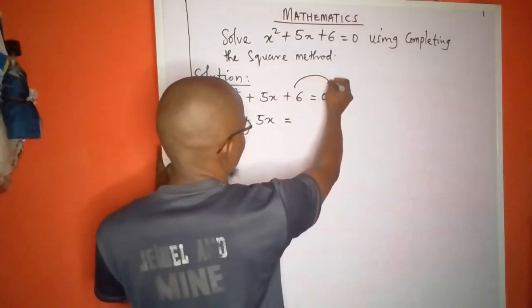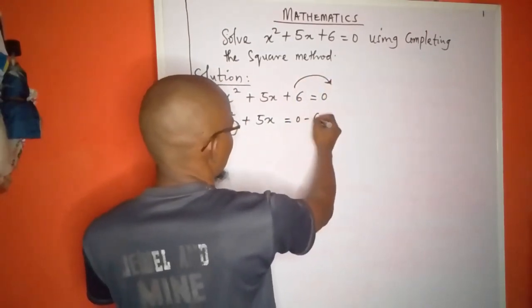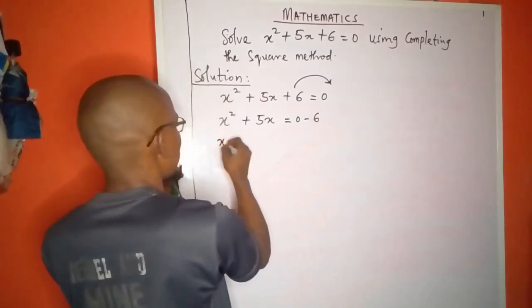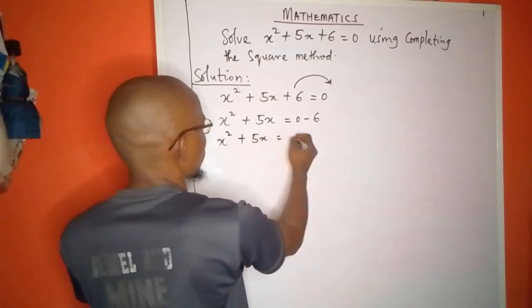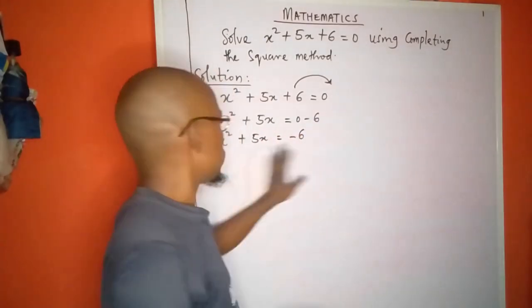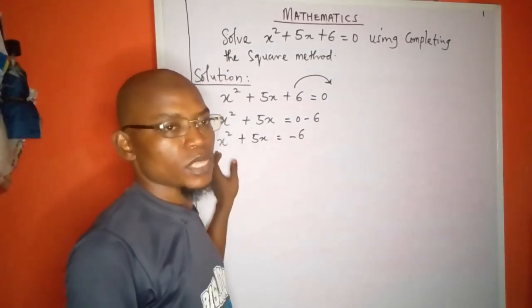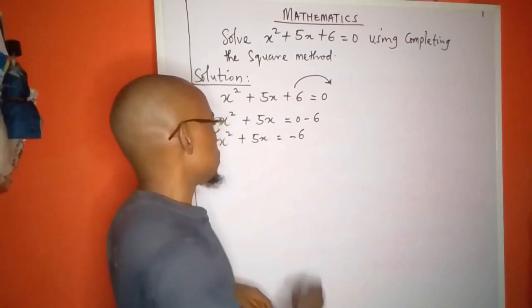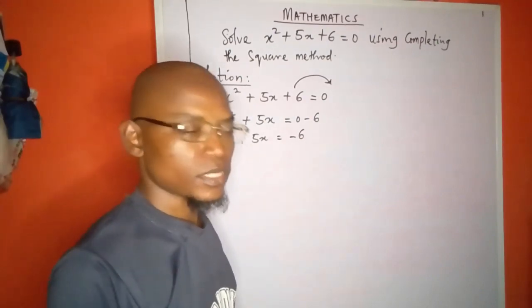When it crosses the equal sign, we will have 0 minus 6. So this gives us x squared plus 5x equal to minus 6. Since we've done this, the terms with x are on the left hand side, while the constant is on the right hand side.